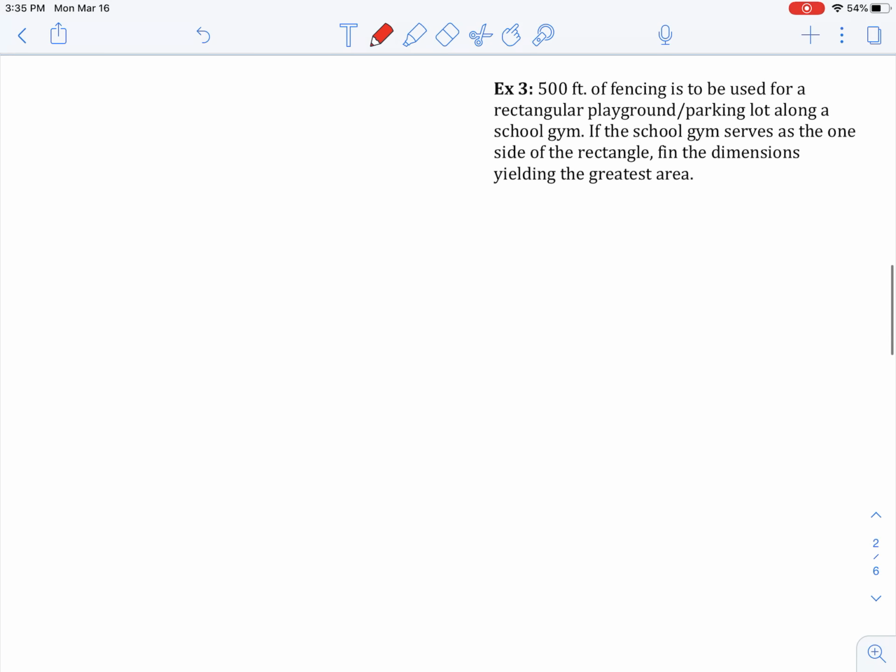Okay, so let's look at number 3. I'm going to let you do number 3, but let's just draw a little picture just to make sure that we all have it set up correctly. So we have 500 feet of fencing to be used for a rectangular playground along the side of a school gym.